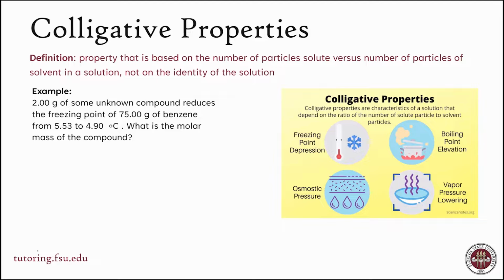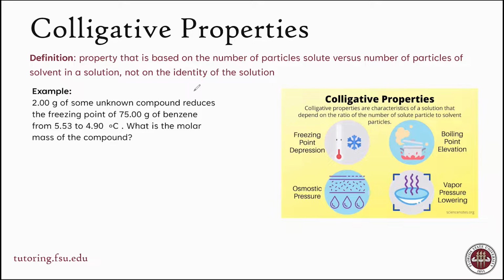In this example, we are told that 2 grams of some unknown compound reduces the freezing point of 75 grams of benzene from 5.53 to 4.9. What is the molar mass of the compound?